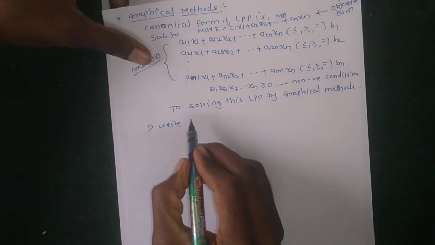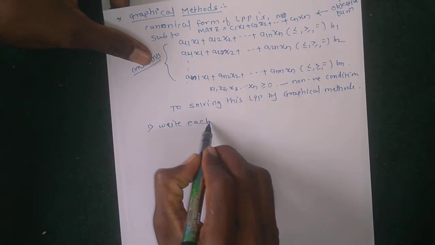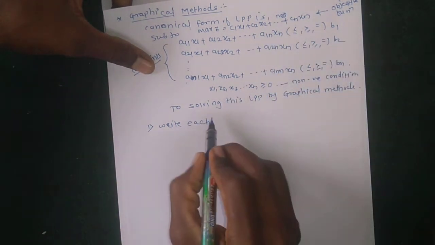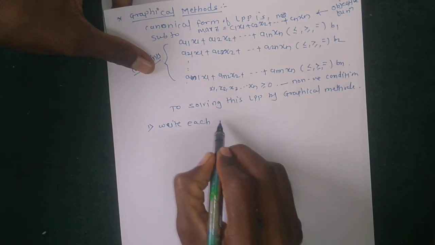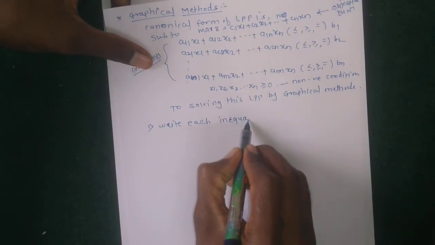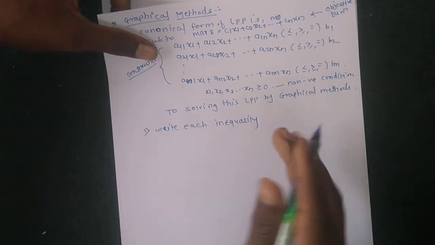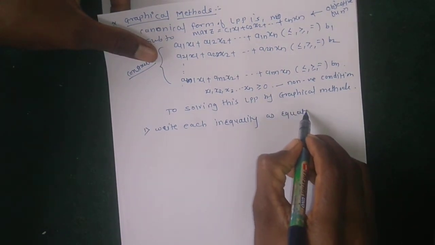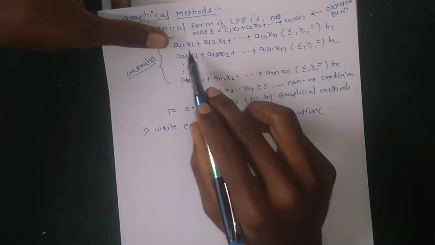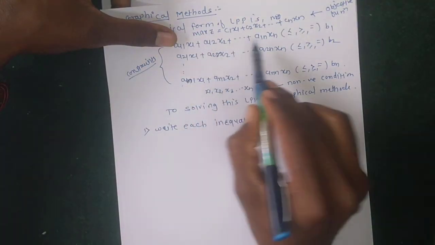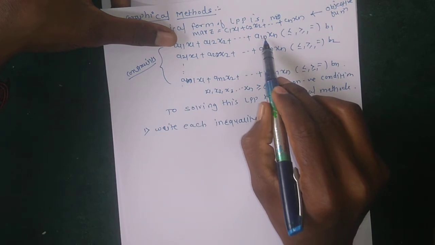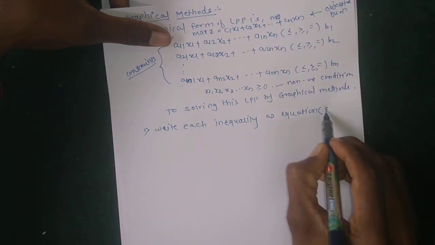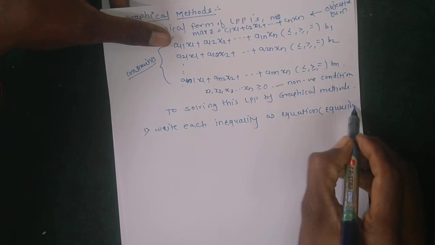Write each constraint as an equation, that is a11 x1 plus a12 x2 up to a1n xn equal to b1, which is also called equality.